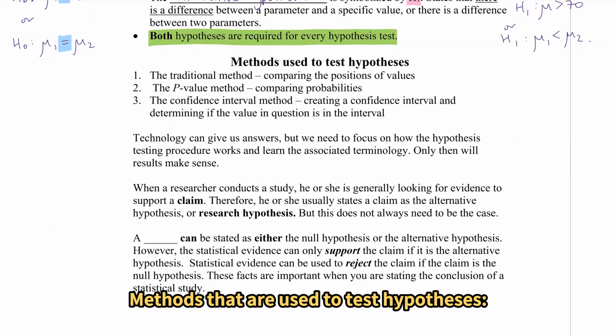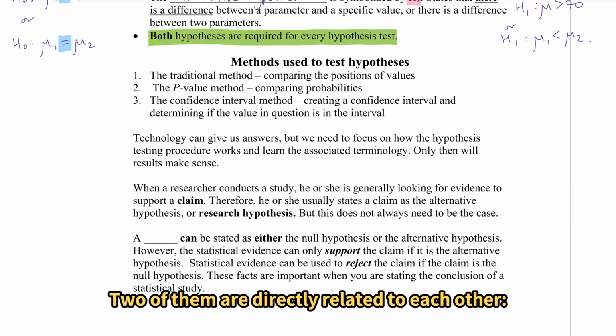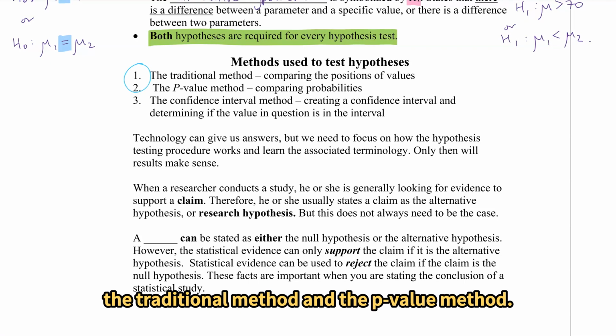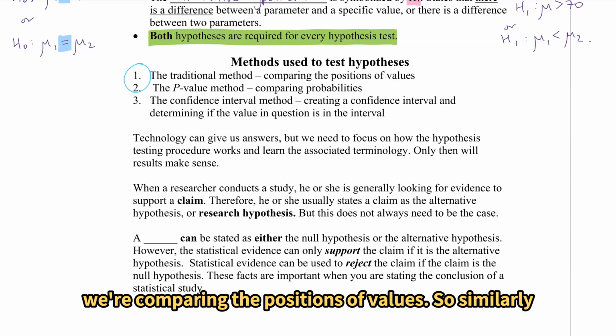Methods that are used to test hypotheses, there are 3 of them. 2 of them are directly related to each other, the traditional method and the p-value method. In the traditional method, we're comparing the positions of values.